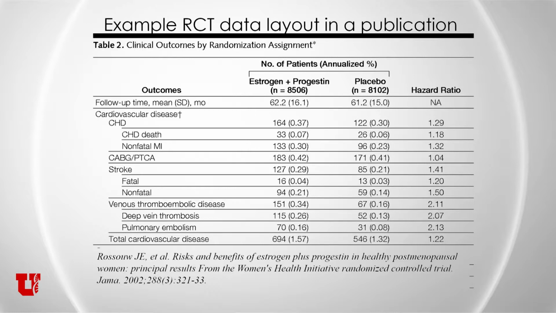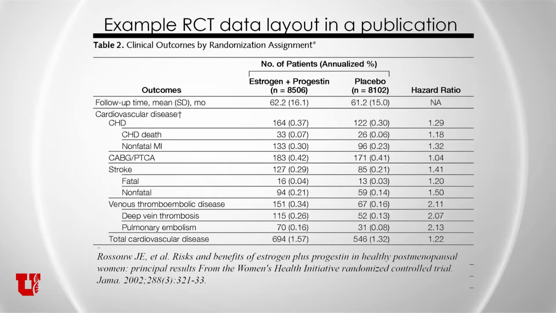So again, the idea being you've done a randomized trial, in the simplest type of study, you've got 2 statuses, treated and untreated or exposed and unexposed. So you organize your data according to that, and you look at how many, or in this case, what percentage in the parentheses.